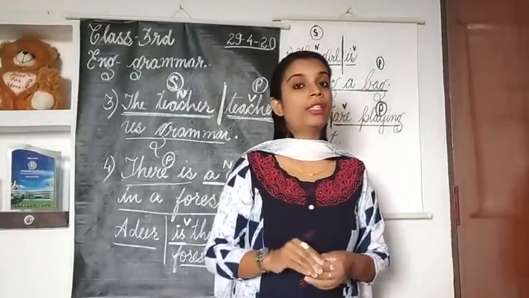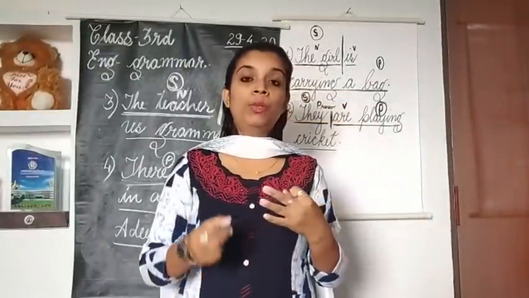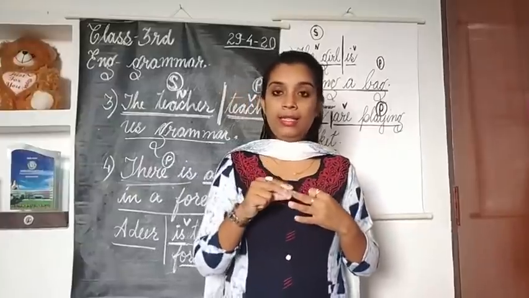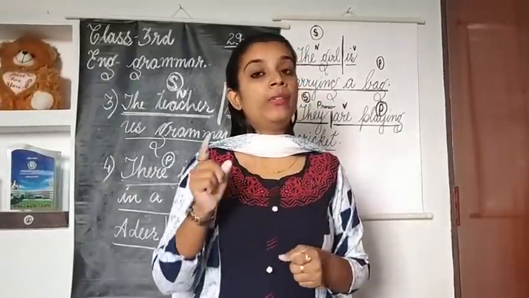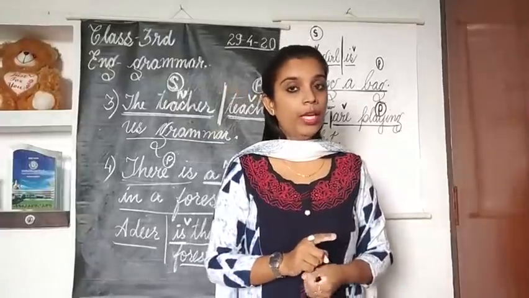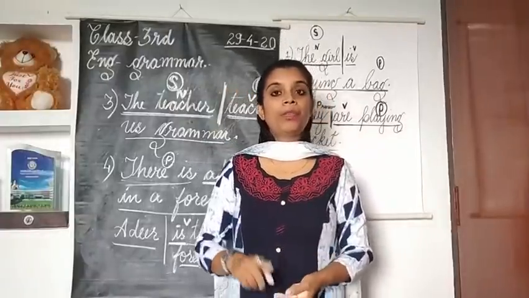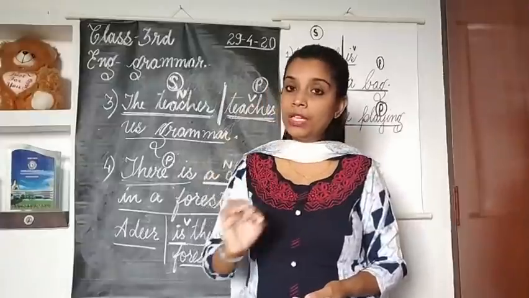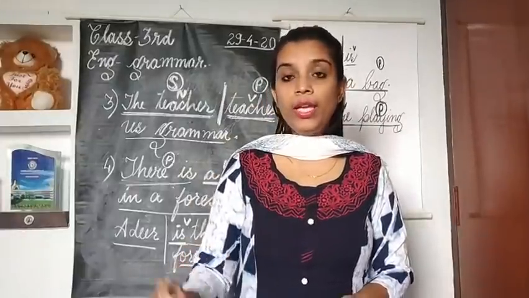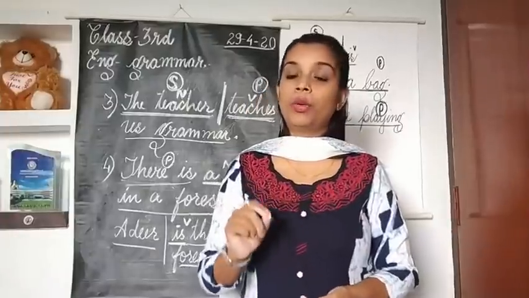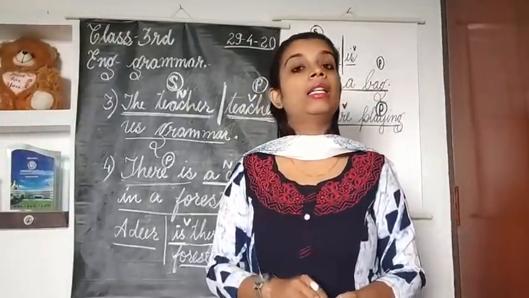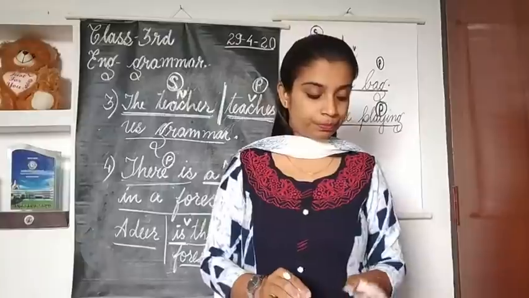Lesson 1 has three definitions that you will have to prepare: sentence, subject, and predicate. Make one rough copy, note down all the definitions which I am giving you, and start learning those definitions, children.